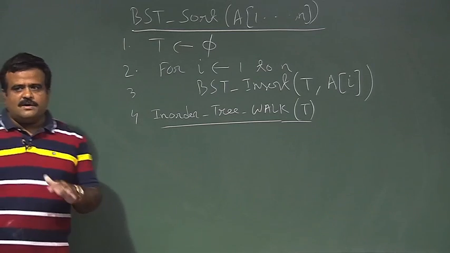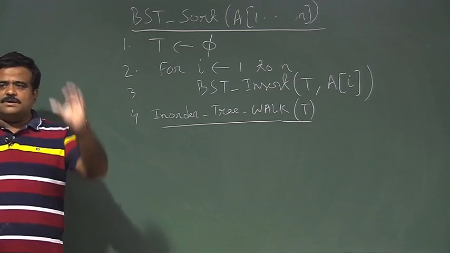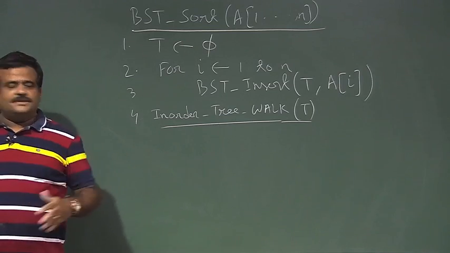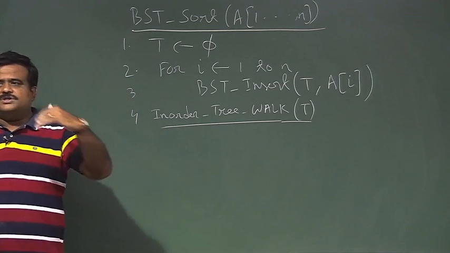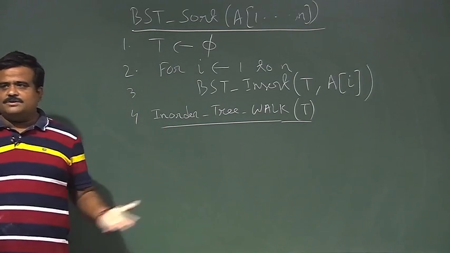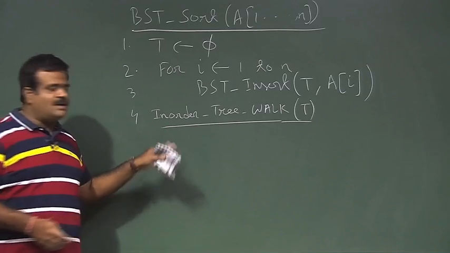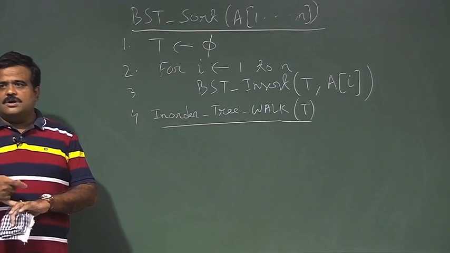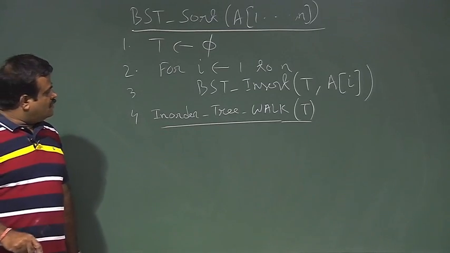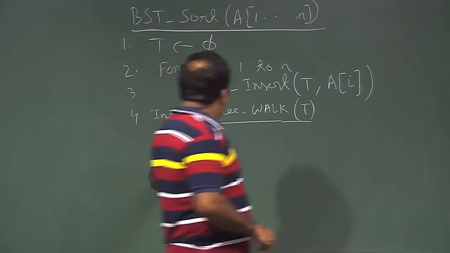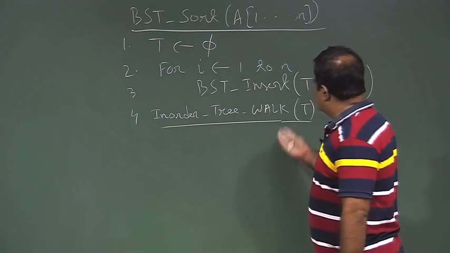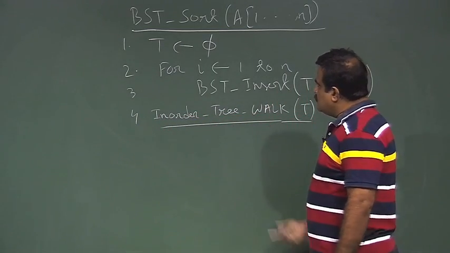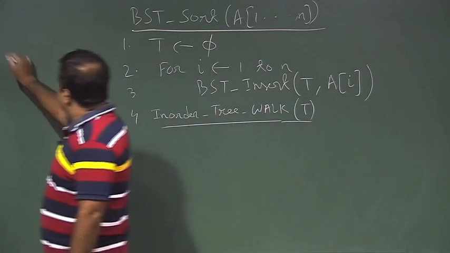We first print the left subtree, then the root, then the right subtree. That way we visit all the elements of the tree. There are inorder, preorder and postorder traversals. If we do the Inorder traversal, then we will get the sorted output. So let us take an example.